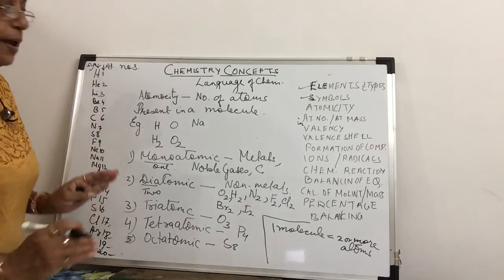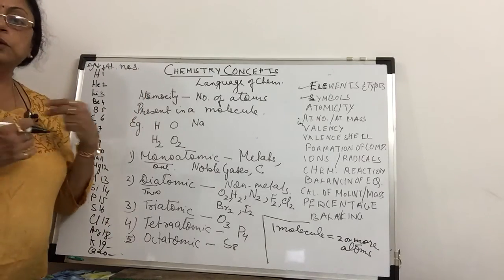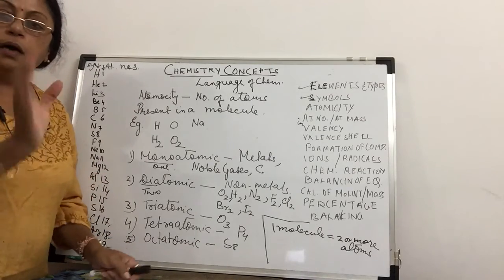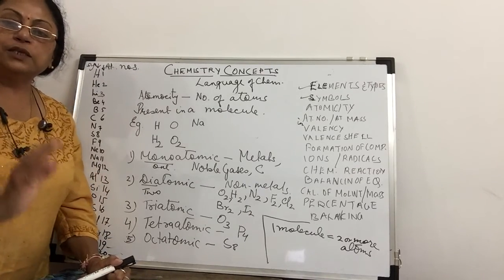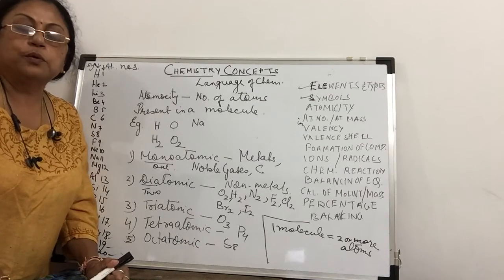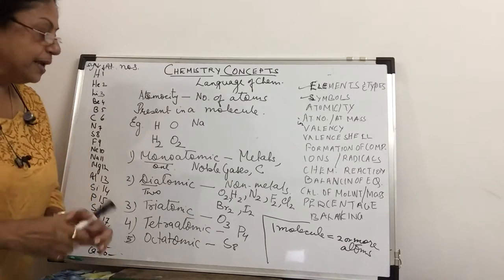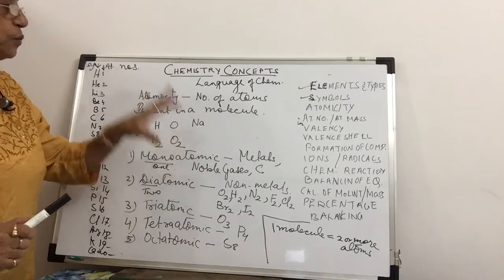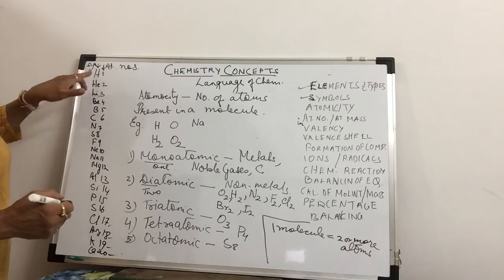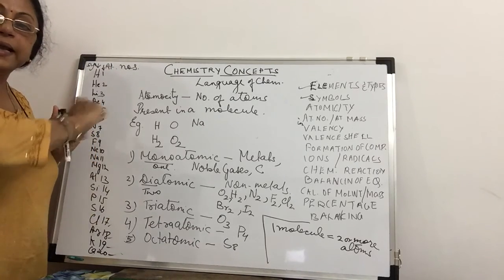When you watch or view such videos, you should always have a notebook or a textbook and a pen or pencil with you. In the chemistry periodic table you will find these elements in this form. There are 18 groups.